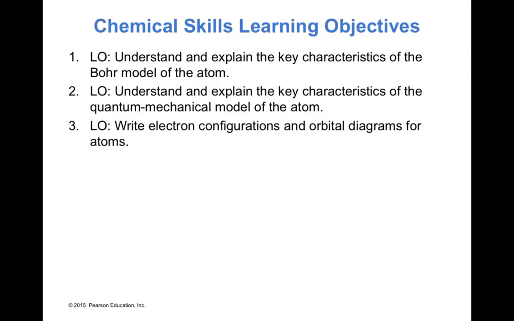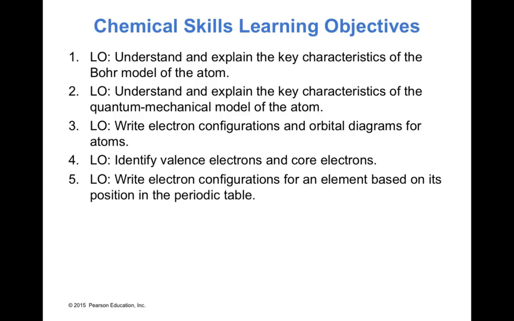Also, you will write electron configurations and orbital diagrams for atoms. You will identify valence electrons and core electrons. You will write electron configurations for an element based on its position in the periodic table.